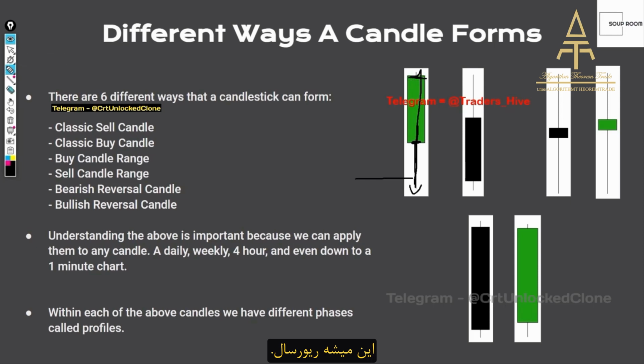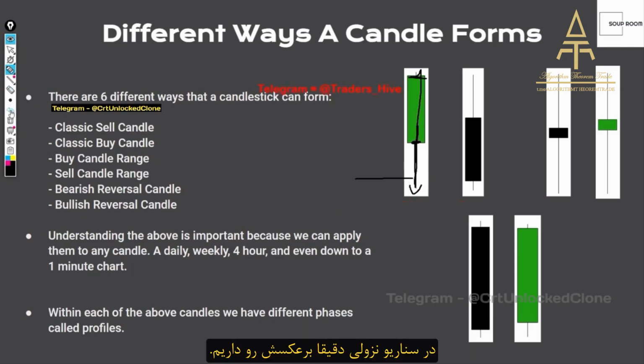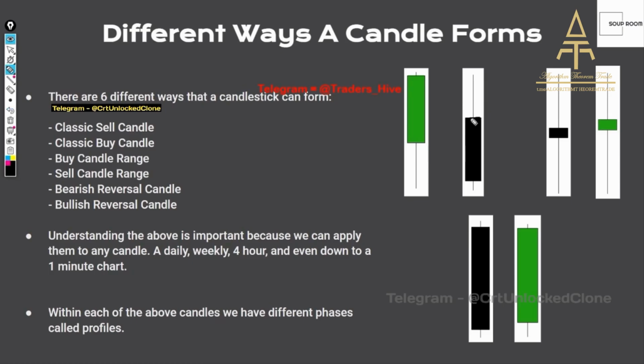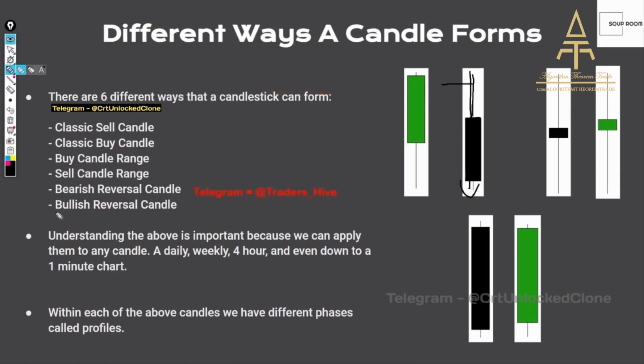All right, so that is a reversal where we manipulate to the downside and we expand upwards. We reverse at the downside. It's the opposite for the bearish scenario. Price opens, manipulates a high, likely hitting a key level, and then heading lower, expanding downwards. All right.